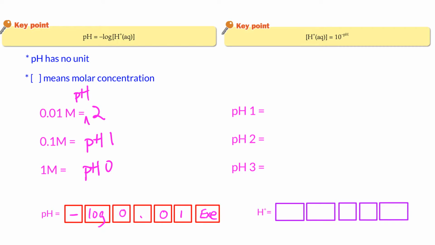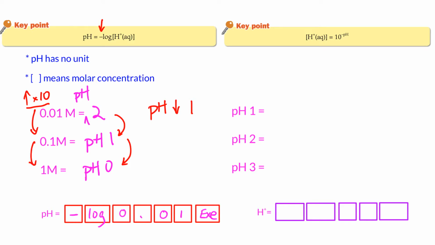So from here, you can see that it is quite interesting. If the pH decreases by 1, this one decreased by 1, this one decreased by 1, you will find that actually the concentration is increased by 10 times. First of all, you see that the relationship is inversely proportional.